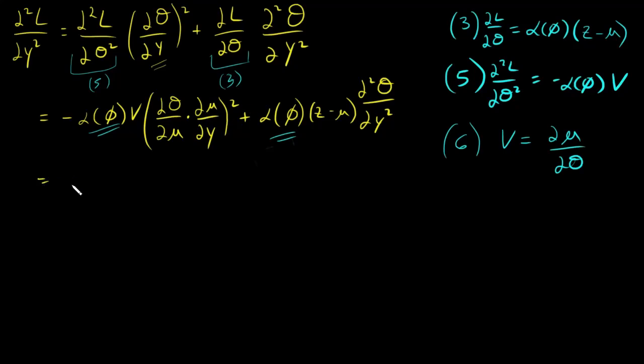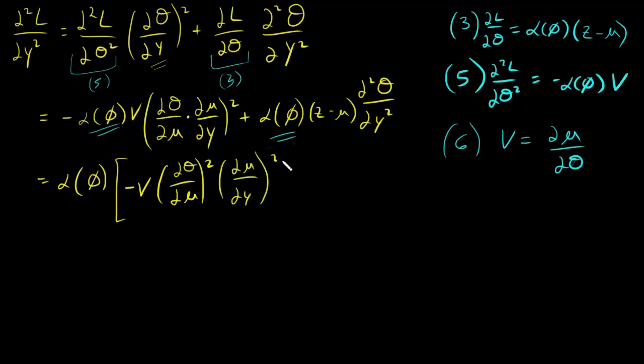So I'm going to pull out alpha of phi. I'll still have that negative v. Don't forget the negative sign. And let's go ahead and square both pieces of that product.